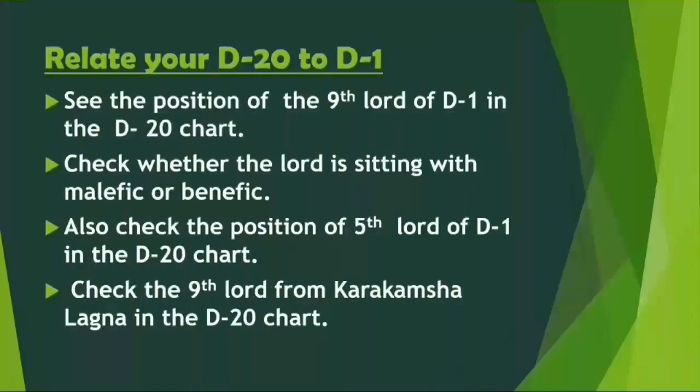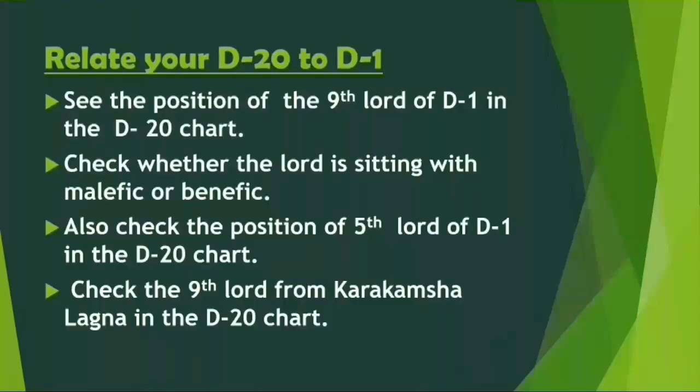Now the next step is one of the most important steps. You have to relate your D20 chart to your D1 chart. You have to look out for which planets are making a connection between the D20 and the D1 chart. And these planets are the ones which hold the secret of your deity. They hold the secret to your spirituality.